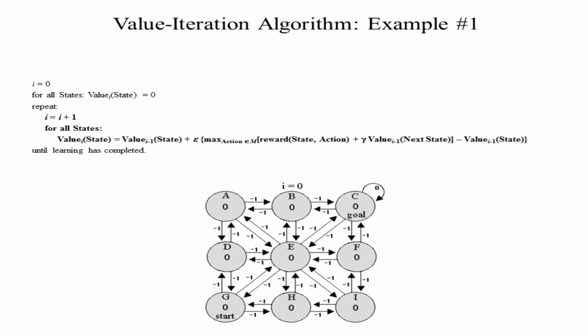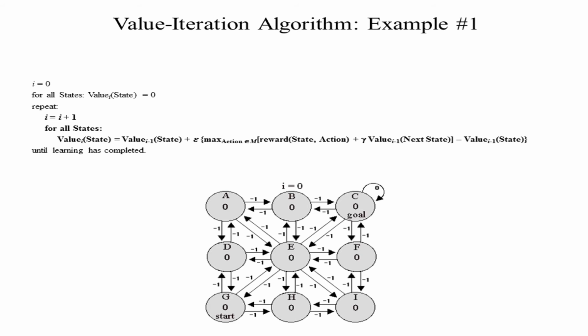Okay. Inside of these brackets, there are 3 terms. The first one reflects the reward that the frog will receive from a given state for executing a given action. The second one reflects the value, or some proportion of the value, that the frog anticipates receiving from the next state based on the value of that state in the previous time step. Then finally, from that, you subtract the value of the current state in the previous time step.